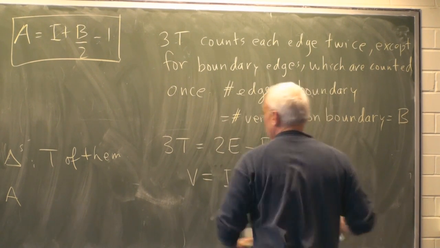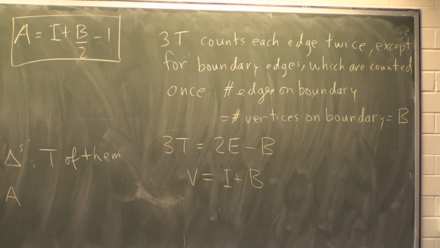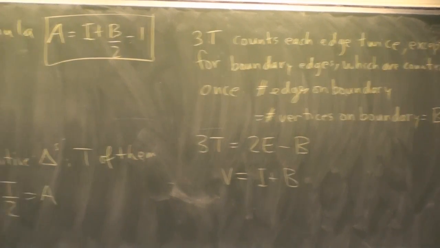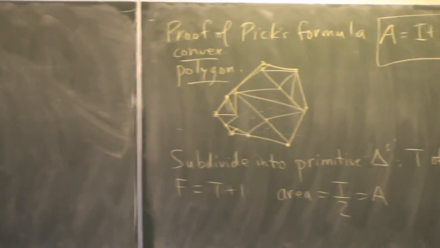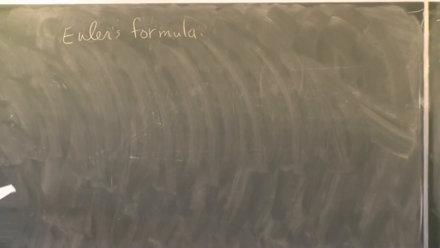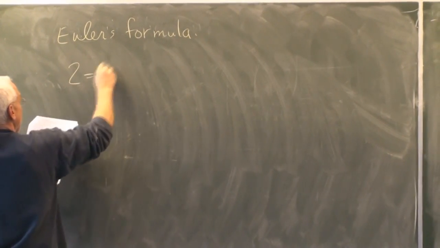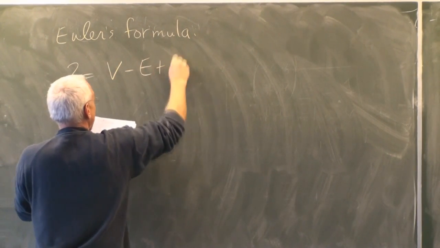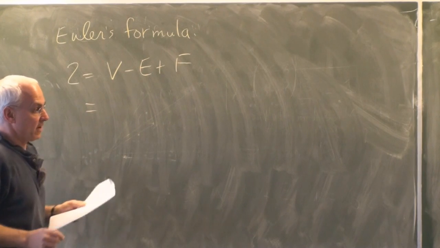Okay, so let's have a look at what Euler's formula says. Euler's formula for this planar graph: 2 equals V minus E plus F. So what are these various things?